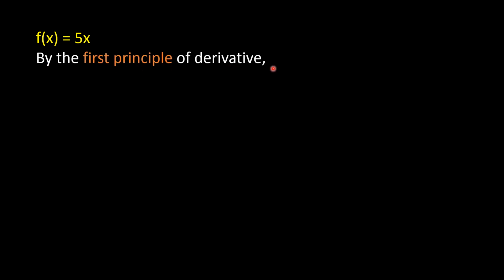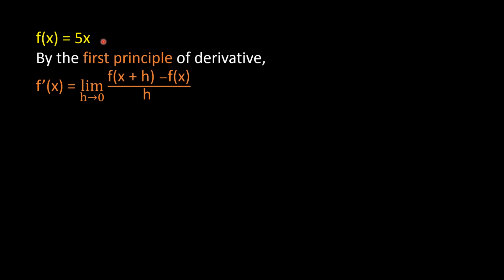Now let us understand how to find derivatives by the first principle. Find derivative of f(x) equals 5x. By the first principle of derivative, we have f dash x equals limit of f of x plus h minus f(x) upon h as h approaches 0.